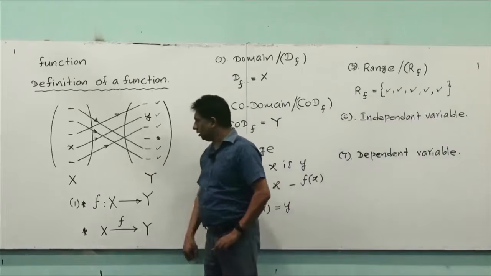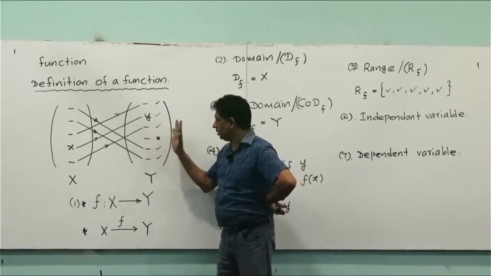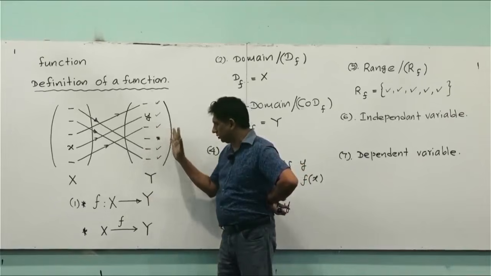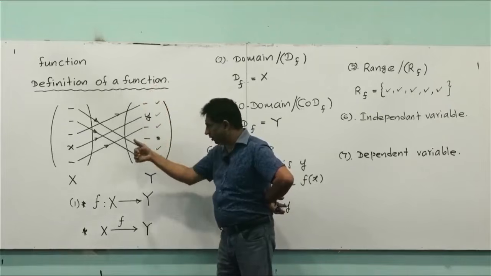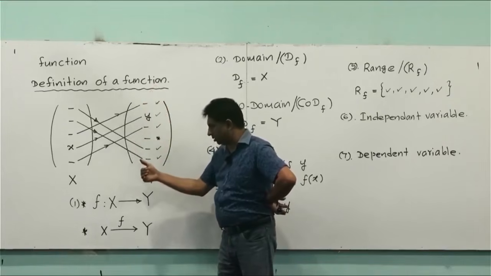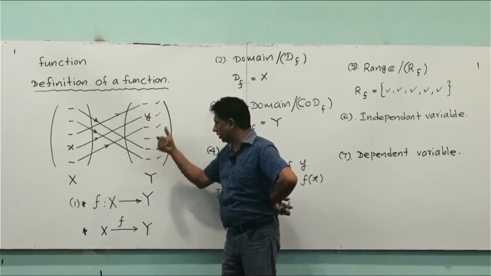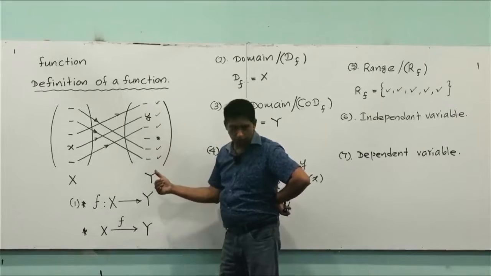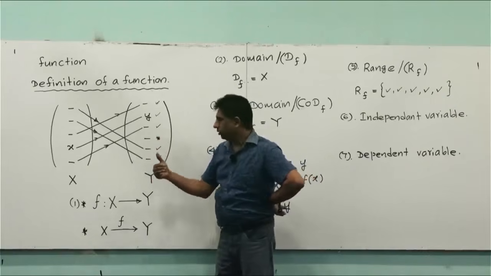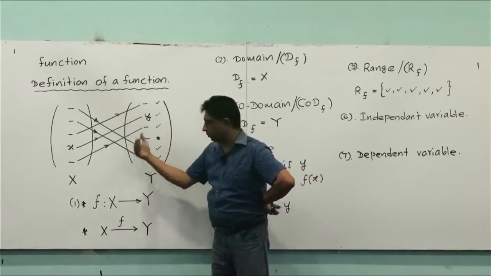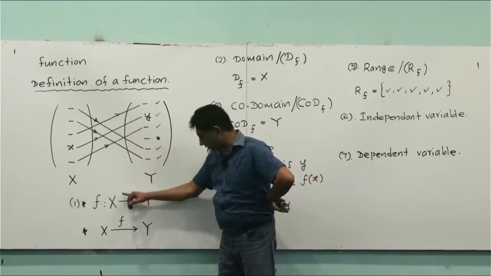Again, if we recall, what is the function? The function means every element of the capital X set is related with a unique element of the Y set. Under any mathematical operation, there is a function from capital X to capital Y. We can express it in this way or this way.